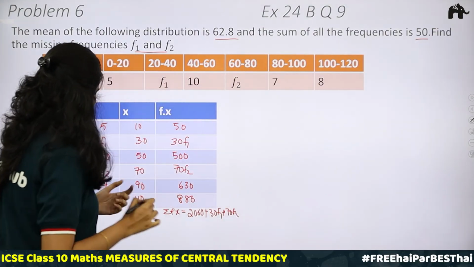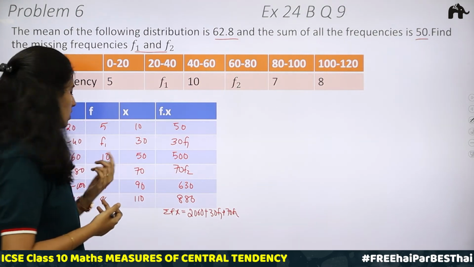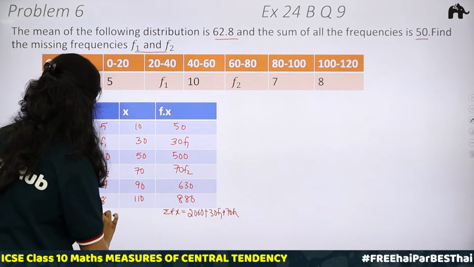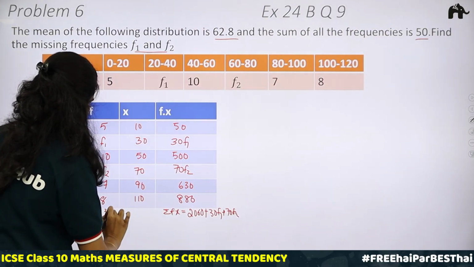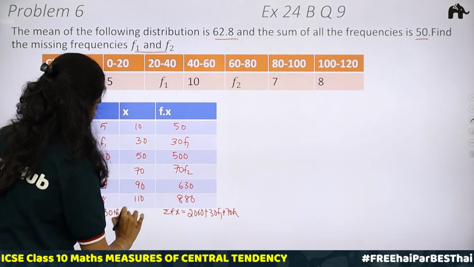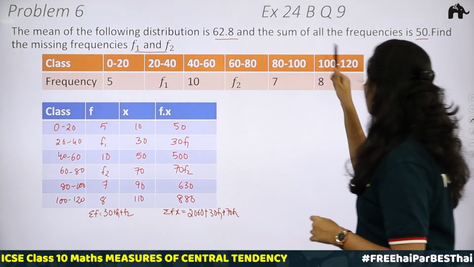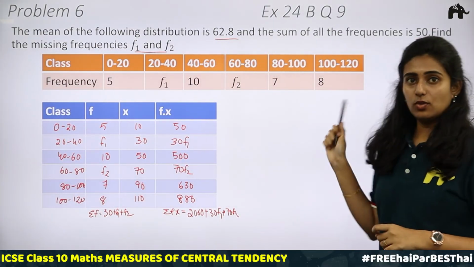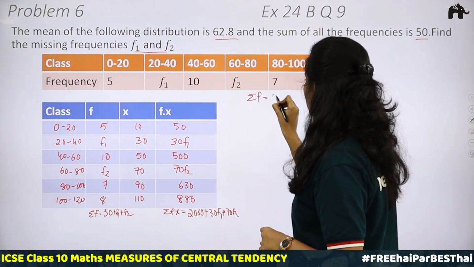What about the sum of frequencies? 5 plus 10, 15. 15 plus 7, 22. 22 plus 8 is 30. Okay. So, summation of F is equal to 30 plus F1 plus F2. Now, what is given in the question? The total sum of all the frequencies is equal to 50, which means summation F is equal to 50.